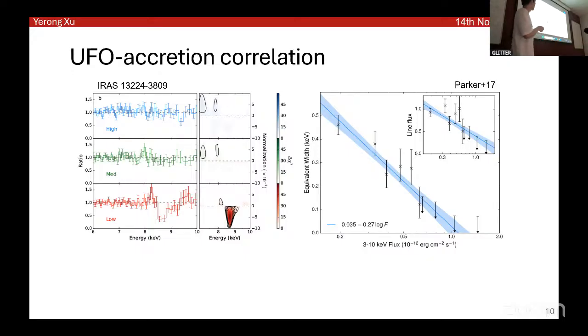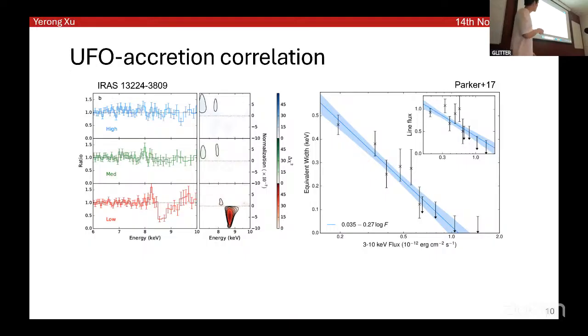As the left plot shows the three stacked spectra at different flux levels, you can find the UFO absorption feature is very significant when the source is at the lowest luminosity, but the UFO detection becomes weaker when the source gets brighter.